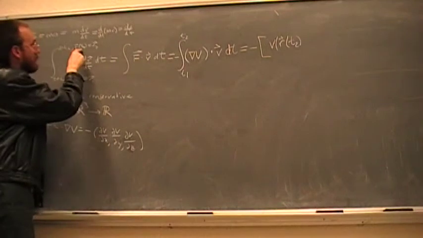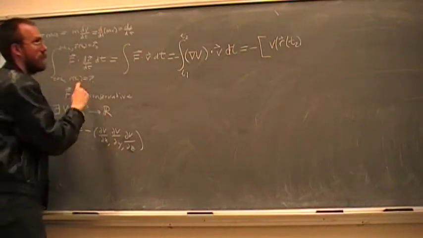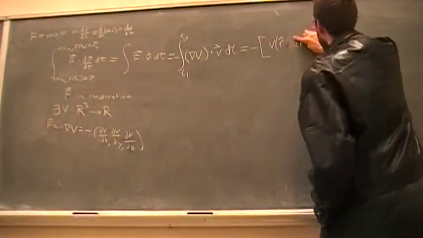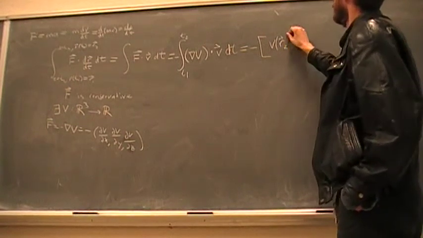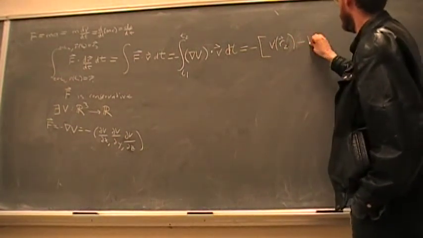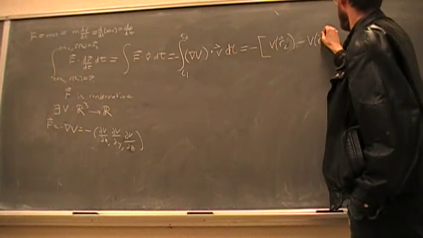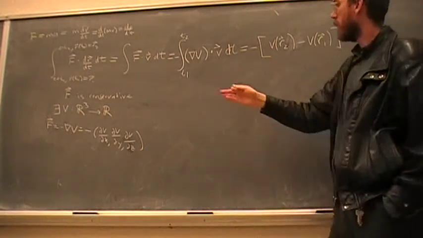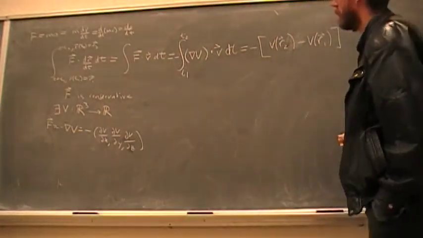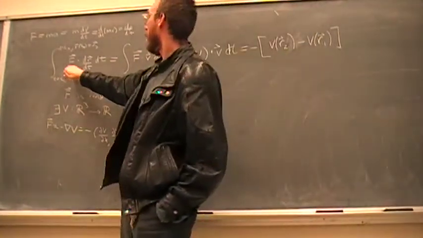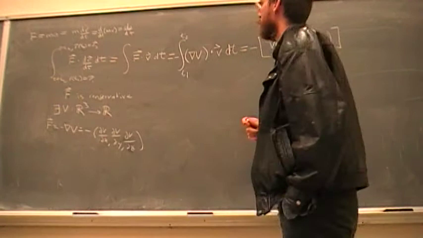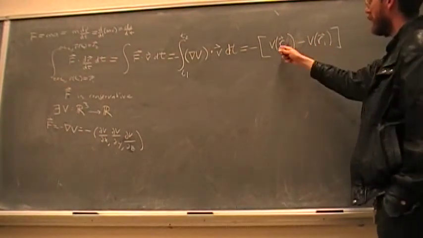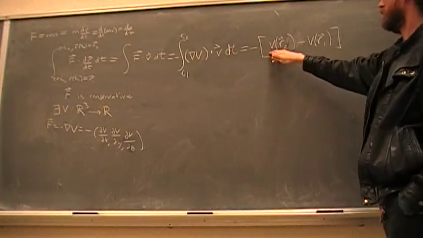Well, we're considering the paths that end at a particular place, r2 here. So there's r2. There's r1. So indeed, when you integrate this quantity, F dotted with the direction you're traveling, you do get a difference, the difference between the potential function at those two points.